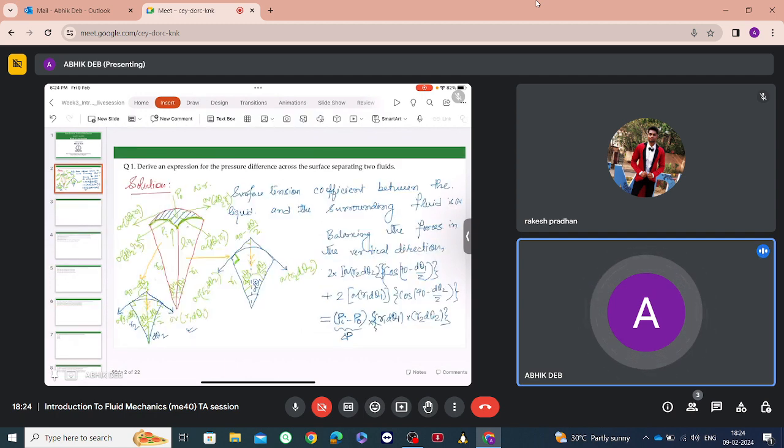So let us try to simplify it, considering that the angles are small.